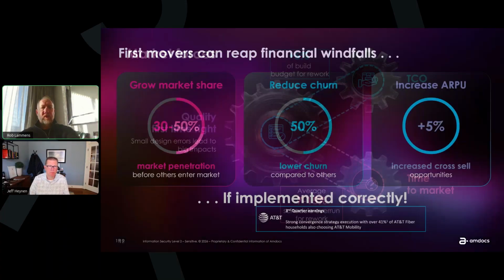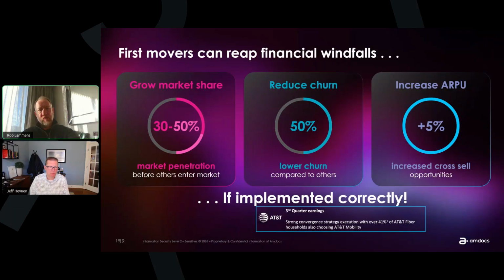As I mentioned, first movers really do reap the windfalls of this, and that's why design quality and design optimization is so important. We see 30 to 50% market penetration in terms of growing their market share before others enter the market. As I mentioned, reduced churn and higher quality lead to quicker stickiness, and the customer is accepted and kept on the network.